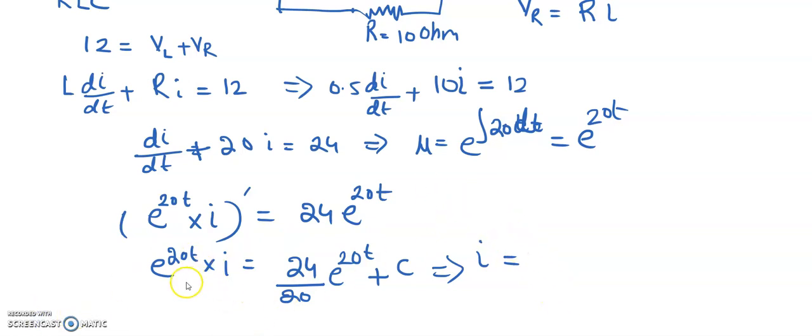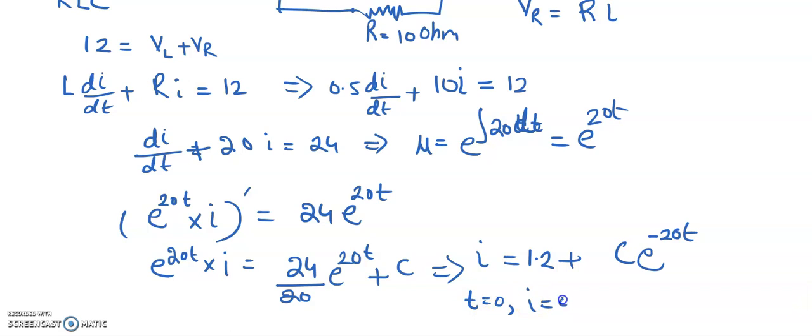So 24 divided by 20 is 1.2, and then divided by e power 20t, so I will be 1.2 plus c e power minus 20t. It has been given that initially there was no current.